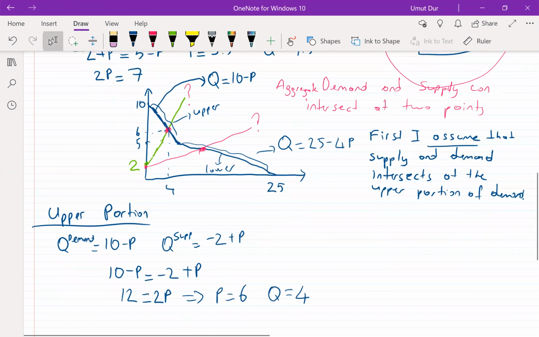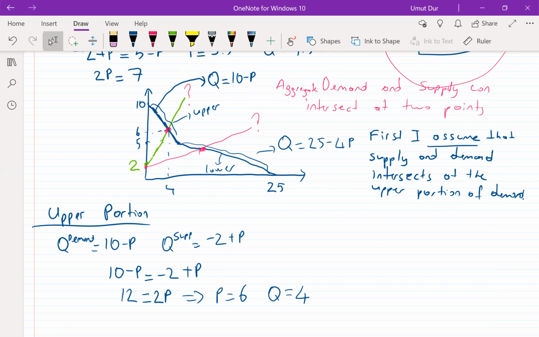Without checking the second case, do you see any problem here? What I have done is assume that the supply is intersecting the demand on the upper portion of the demand curve.